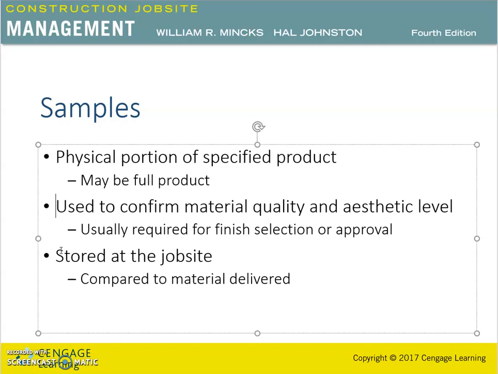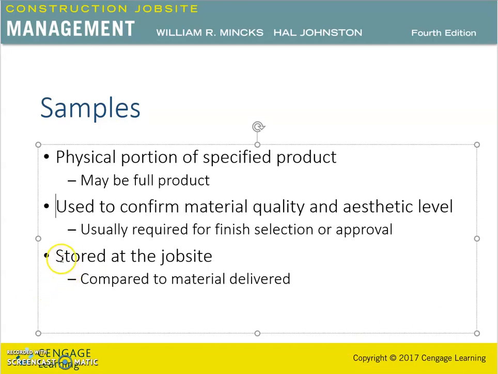Several acceptable manufacturers may be listed in the specification, and a level of quality also may be specified. The contractor, subcontractor, or supplier may have a preference for one of these products based on the price, availability, quality, workability, or service.